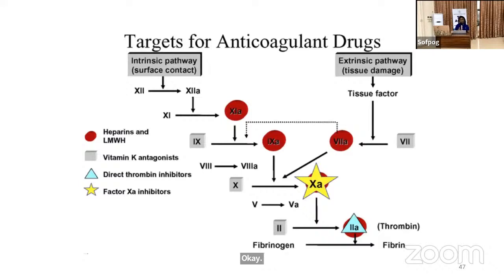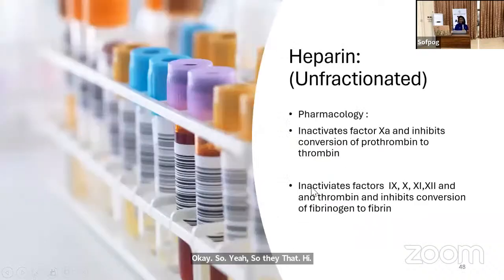So let's look at the targets for anticoagulation. What do the heparins do? They inhibit factors 11, 9, 7, and 10. And at low doses, they inactivate only factor 10. So in effect, what they do is prevent progression of thrombosis.